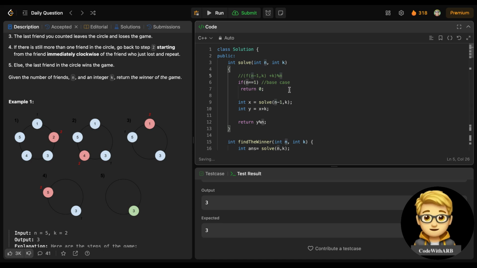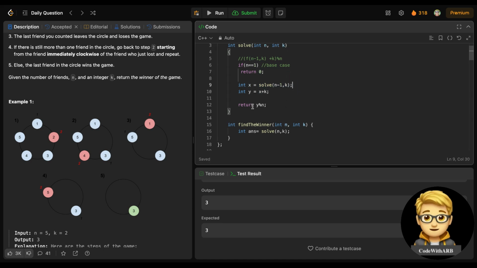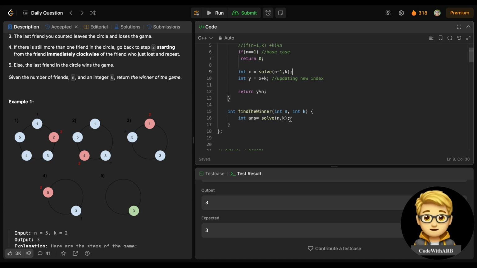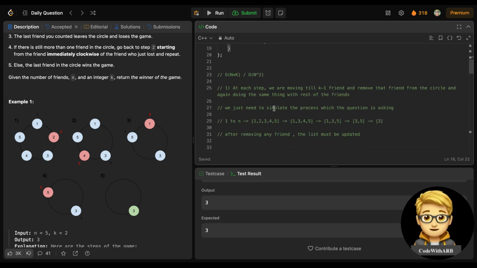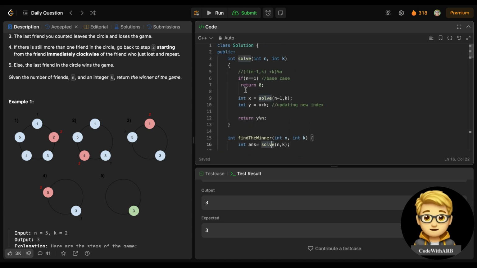This solve function is representing the index. It is giving me the index, and this is updating the new index according to the index which we have provided by this solve function, right? After that, we will just return our answer, which will be an index. But one thing needs to be checked: we have started from index 0.